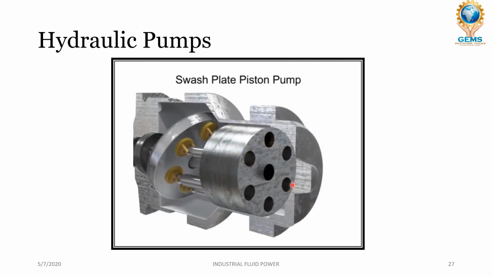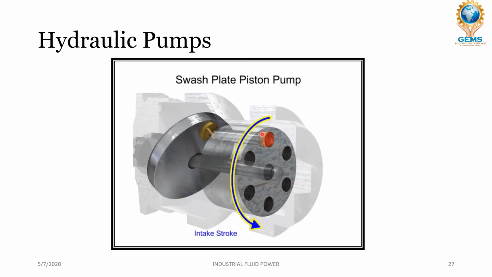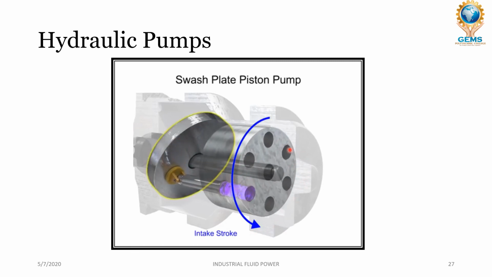Each of these bores is connected with the springs. When it comes this side, the springs get expanded so that suction will happen. When it comes this side, the springs get compressed so that discharge will happen.